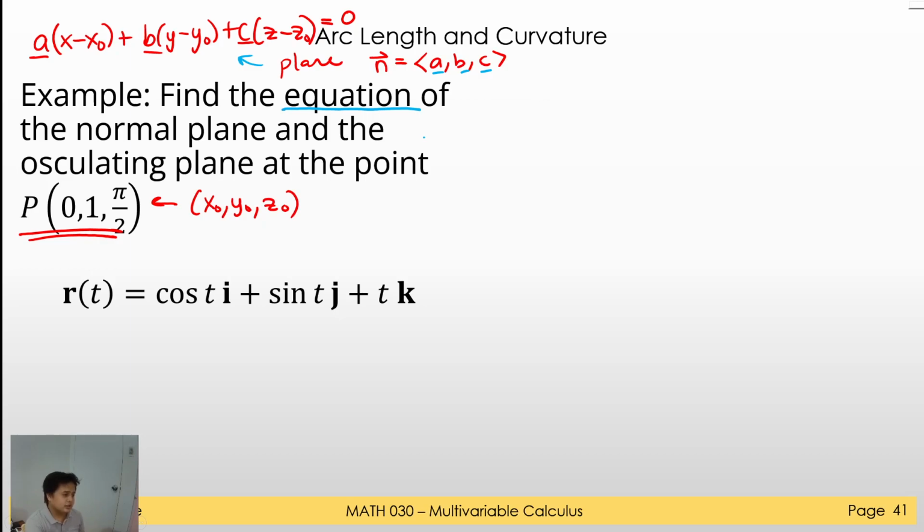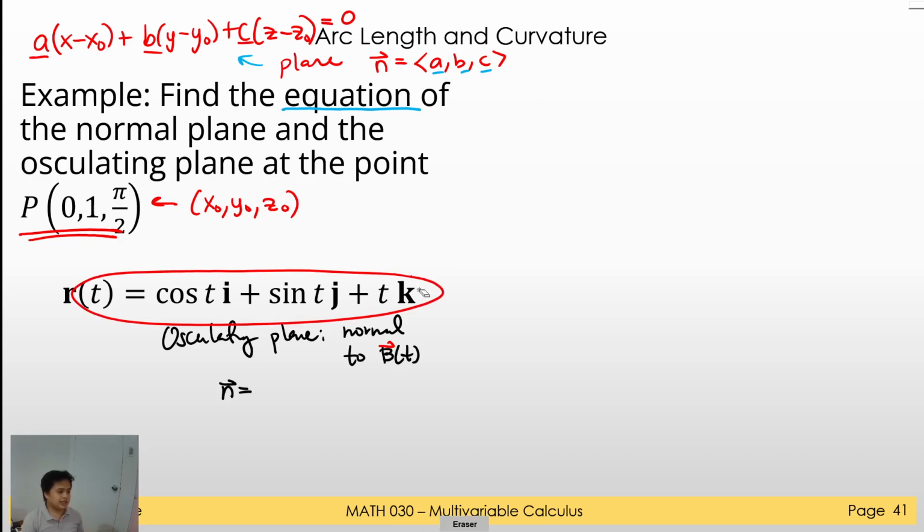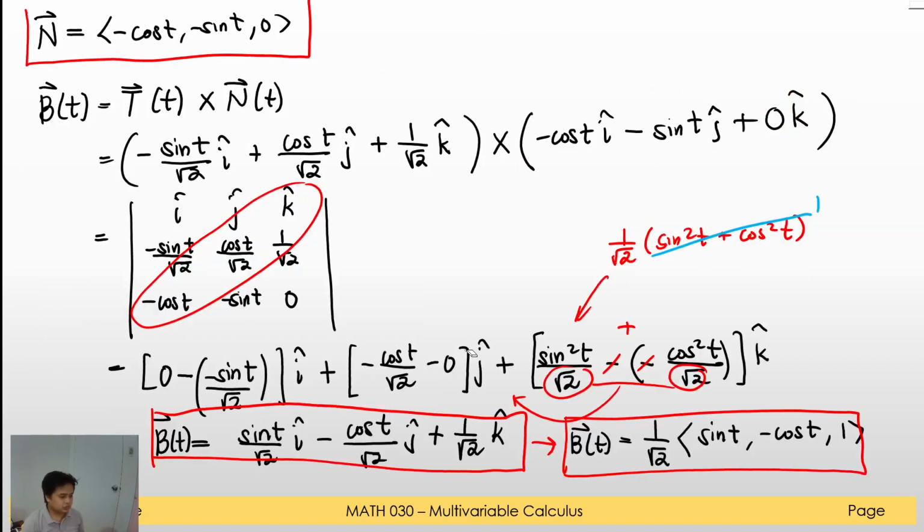For the osculating plane, this is normal to the binormal vector, right? So we have the same problem as the last one. We already solved for the binormal vector, which is this one. So therefore, we know that this is your A, B, and C, right?